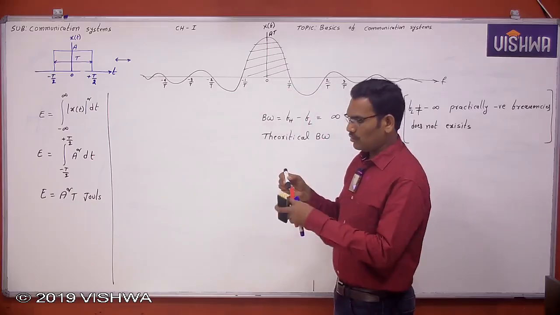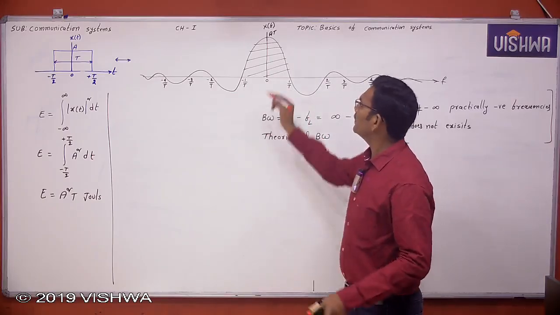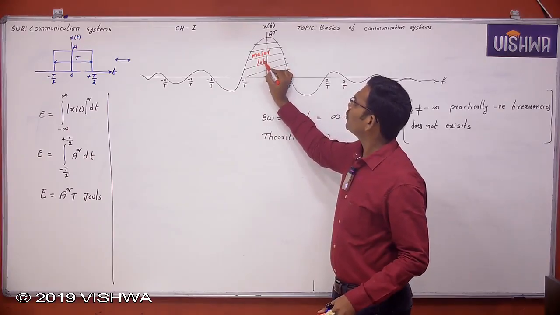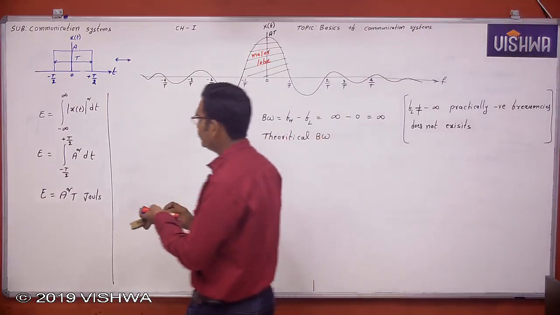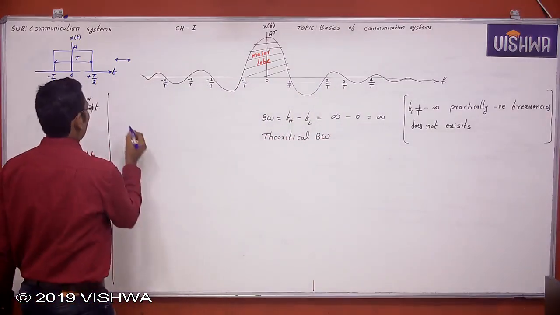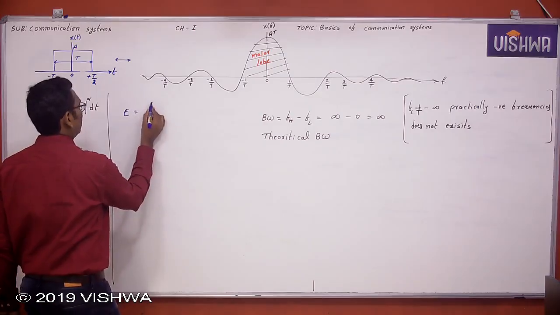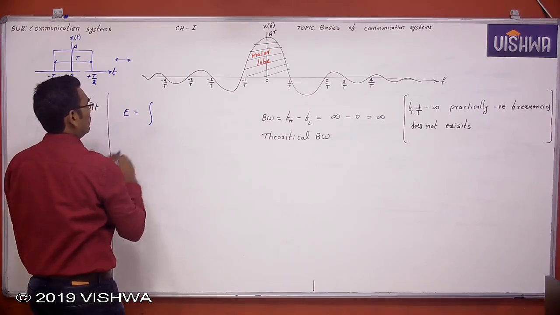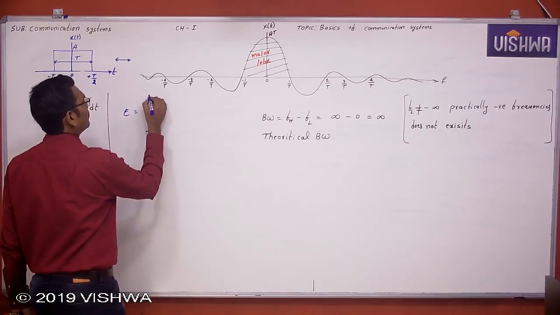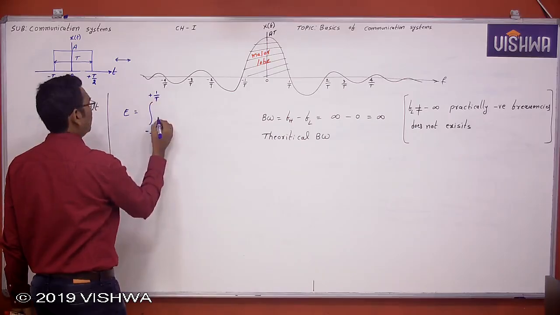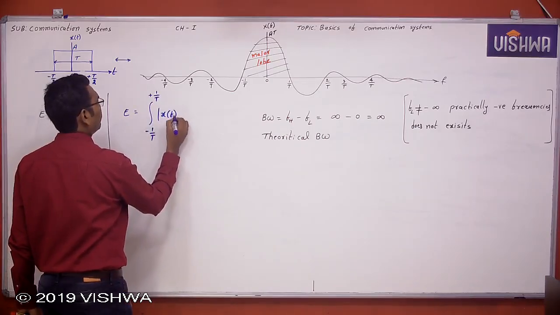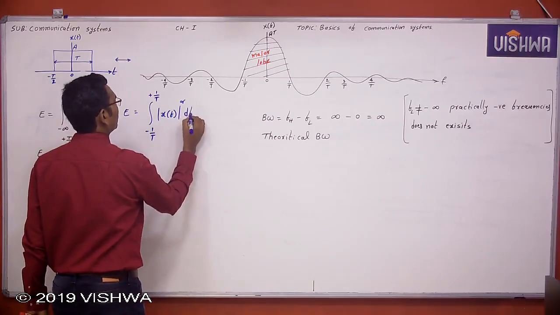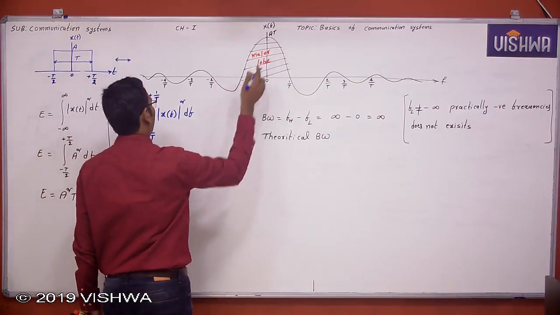Now in this major lobe, if I find the energy, this is nothing but the integral in the major lobe from minus 1/T to plus 1/T of |X(f)| whole square df. I am finding it only in the major lobe.